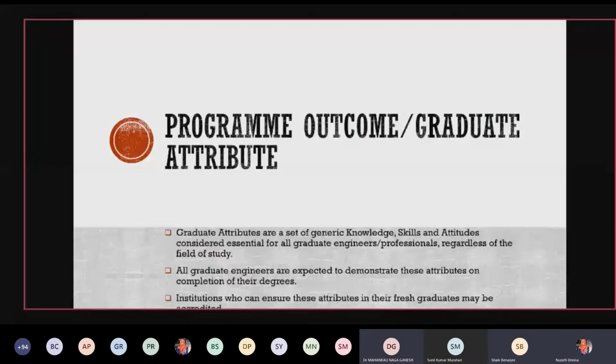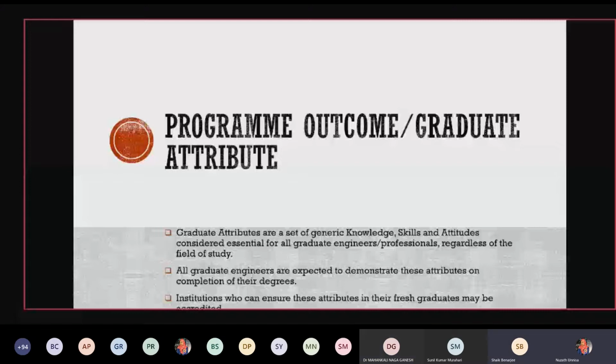Program outcomes are basically the attributes which are expected to be in an engineer or a professional, regardless of the field of study, once he graduates. So once he finishes his graduation, these are the attributes which are expected in a particular profession.